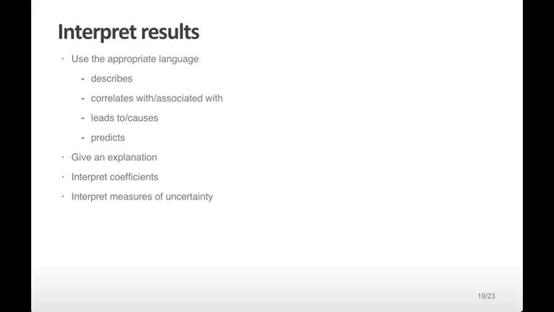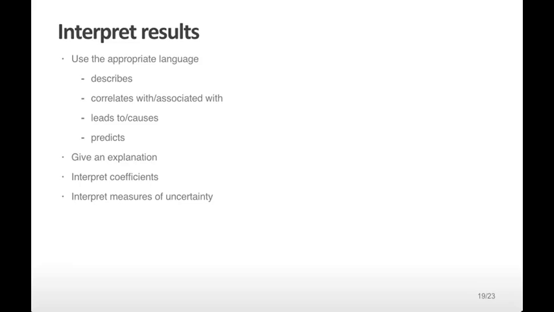These are all words that suggest that you performed an inference. If you've performed a causal analysis, you might use words like leads to or causes. Use these words with caution because if you've performed an exploratory analysis, a descriptive analysis, or an inferential analysis, it's very unlikely that you can ascribe a causal change in the relationship. If you've done a predictive analysis, you might use the word predicts.